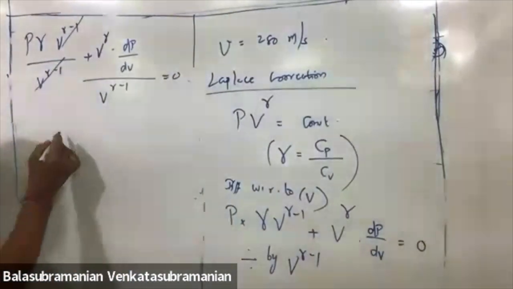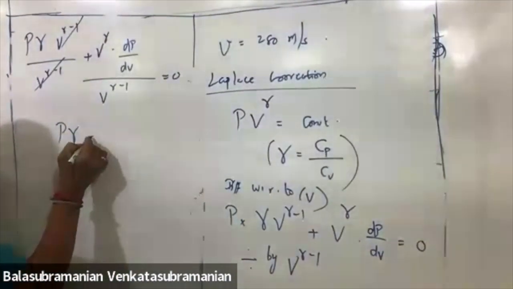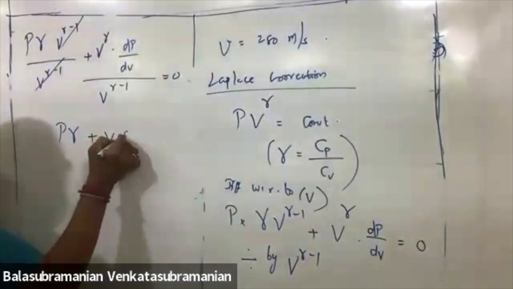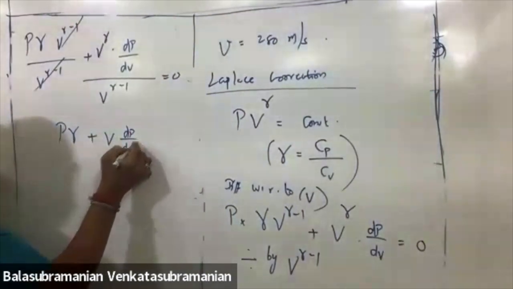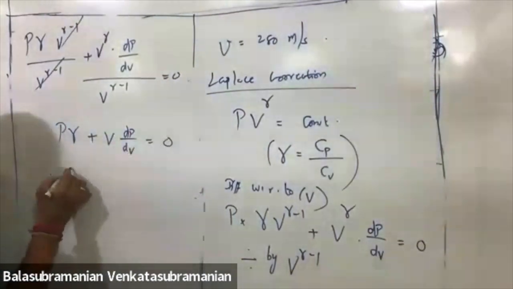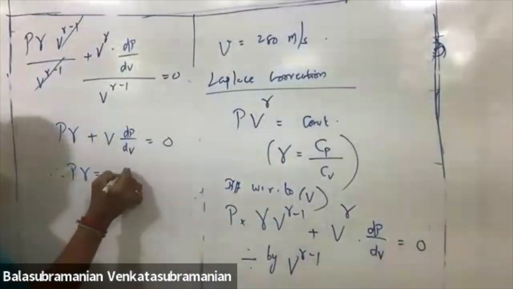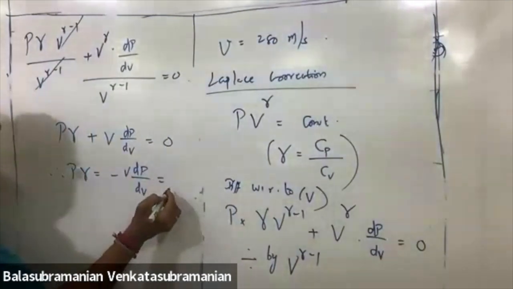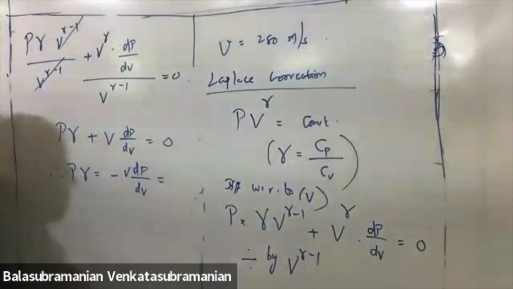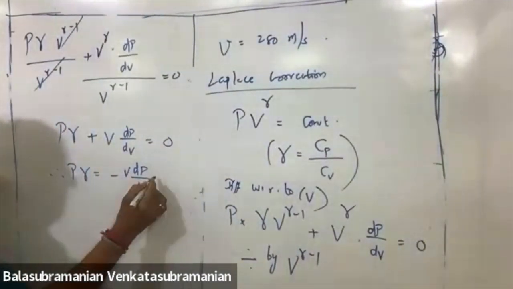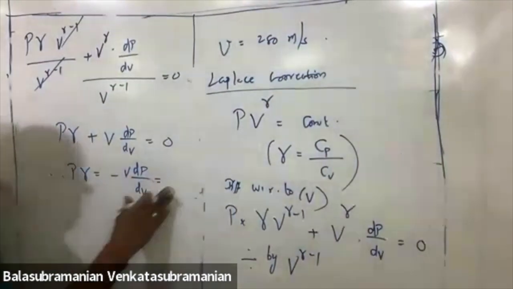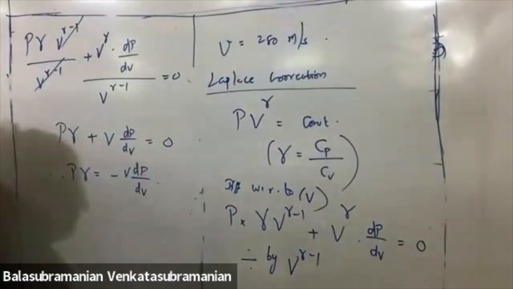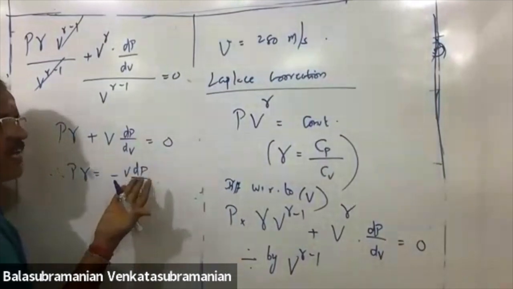So I can write P gamma plus V dP by dV is equal to 0. P gamma is equal to minus V dP by dV.